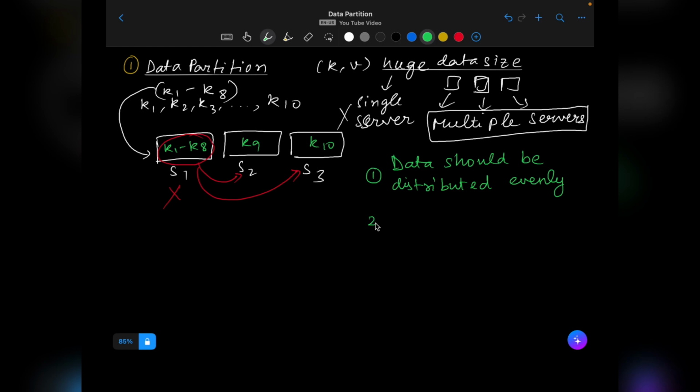This is one. And even if the data is distributed evenly, suppose I also take care that K1 to K4 is here, K5 to K7 is here, and the remaining K8 to K10 is here. Even if server 1 is down and data is unavailable for the time being, we have to minimize the data movement.